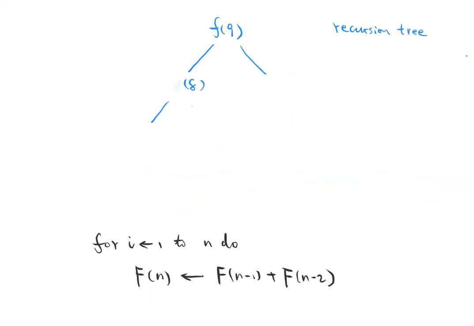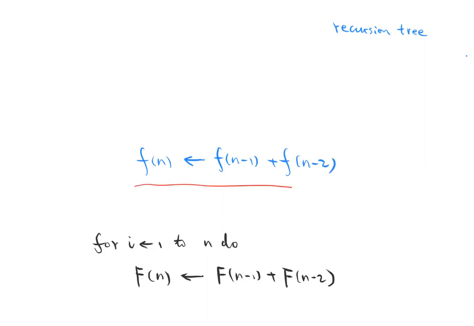So if we make a comparison, these two are the same thing, right? What's the difference? This F and this F are just symbols, they don't really matter. The difference is that here F is an array, indexed 1 to n.